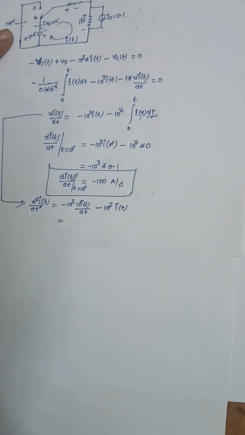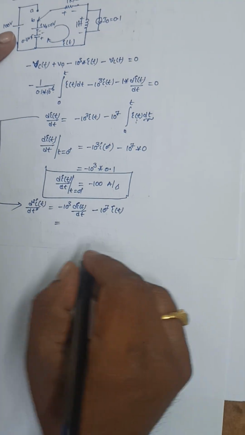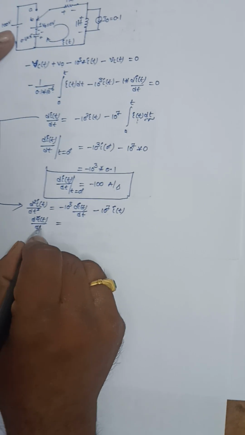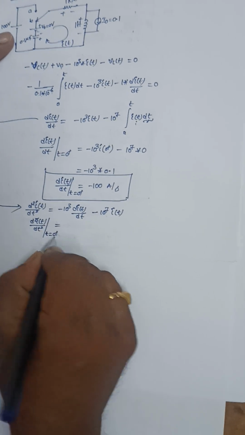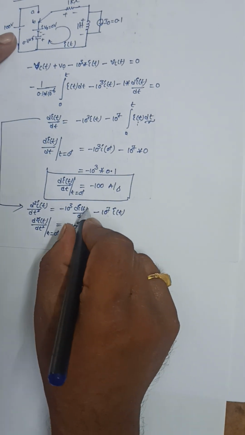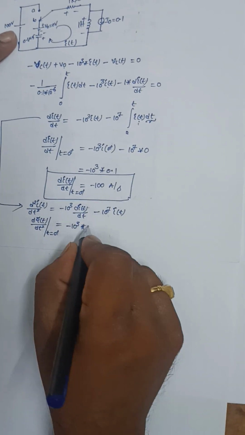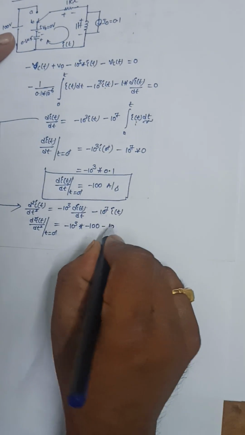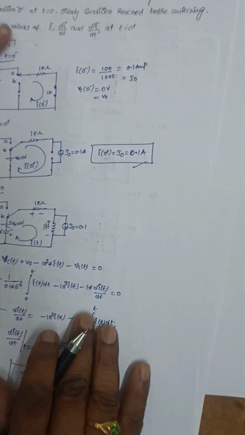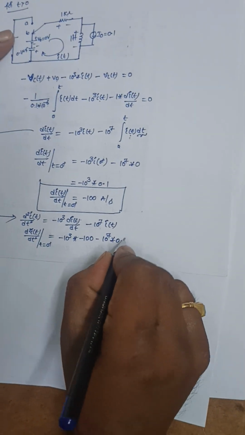If I differentiate this equation, integration and differentiation will get cancelled here. So d square I of t by dt square at t is equal to 0 plus is equal to minus 10 power 3 into di of t by dt at t is equal to 0 plus, which is minus 100, minus 10 power 7 into I of 0 plus, and I of 0 plus is 0.1.